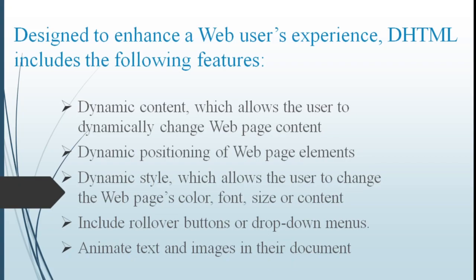It also allows the user to change the color of a web page, font, size, or content. These dynamic web pages include rollover buttons or drop-down menus. Documents like animation text and images are also accessed.